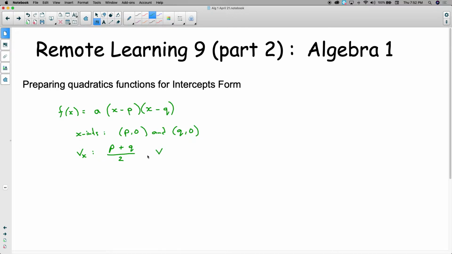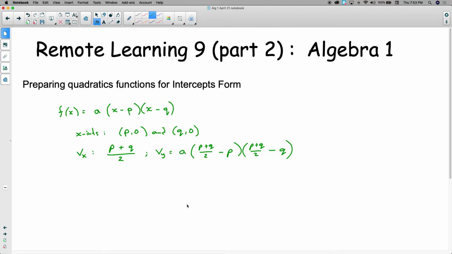And the y-coordinate of the vertex is found by plugging that value that you find into the function. So this is going to get really weird, but this is what you would have to do, knowing that p and q were numbers. These would all just be numbers at this point. But I might as well show you the abstract nature of the process.